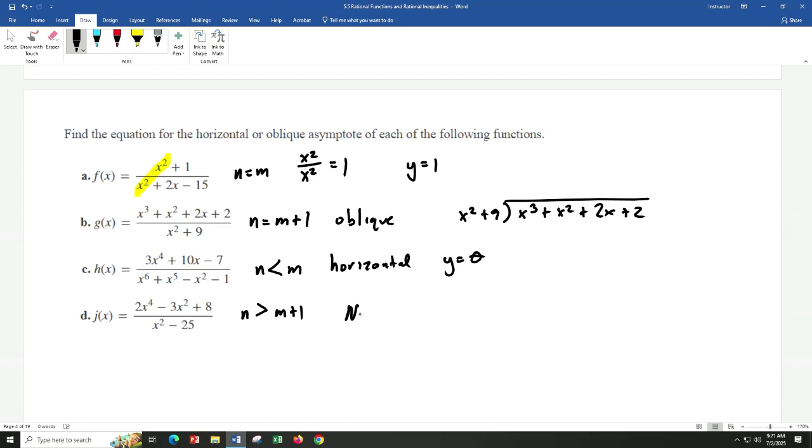So no oblique or horizontal asymptote. No. You will only have the verticals. That's all you'll have.